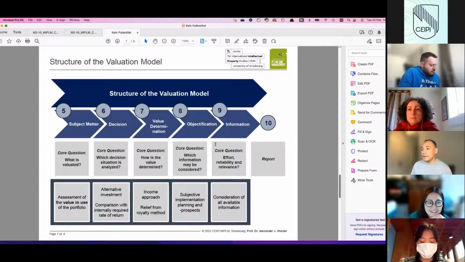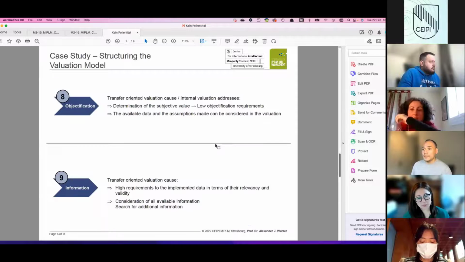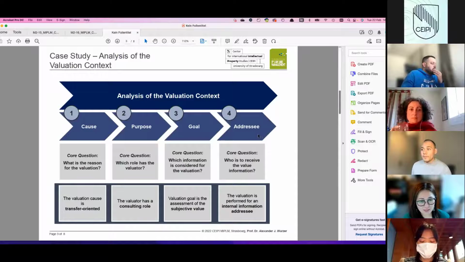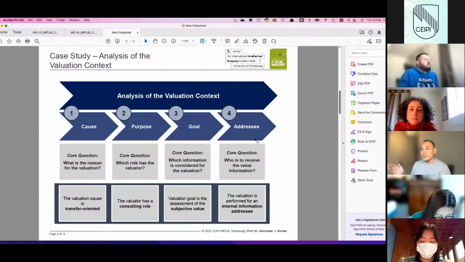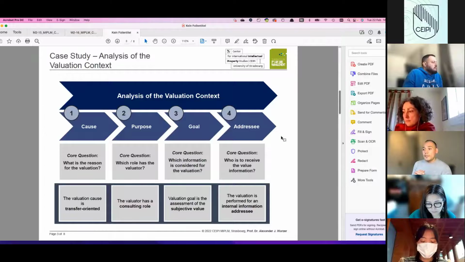We can come back, Andrea, to slide number 3, and give a general overview of the analysis of the evaluation context. The context, of course, is very relevant for this analysis because it dictates all the decisions that you're going to take throughout the whole valuation process. In this case, we realize that it was a transfer-oriented context.